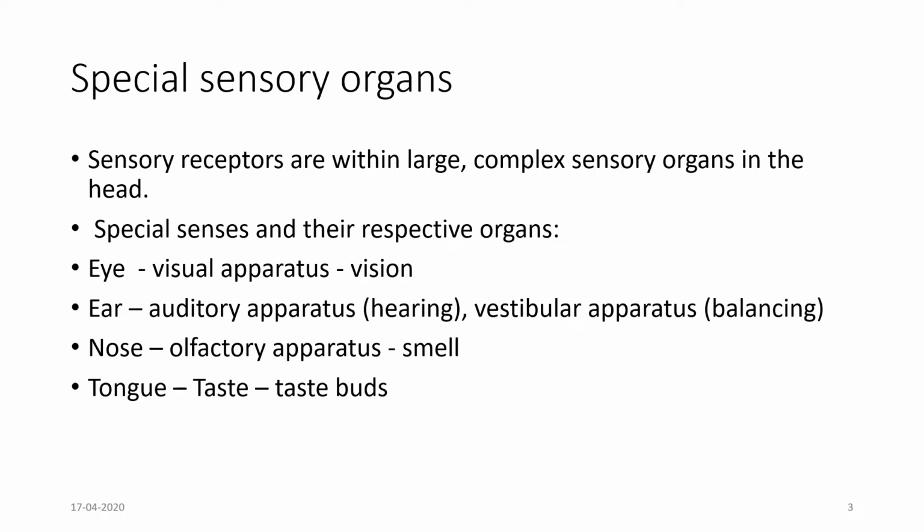Then the third one is the nose, where the olfactory apparatus concerned with smell is located. The last one is the tongue, where the sensation of taste is perceived by the special apparatus located there, that is the taste buds.